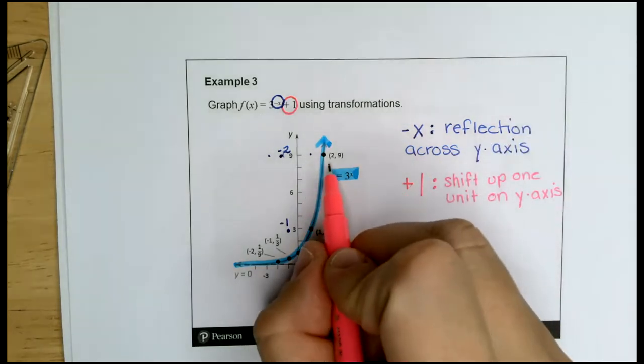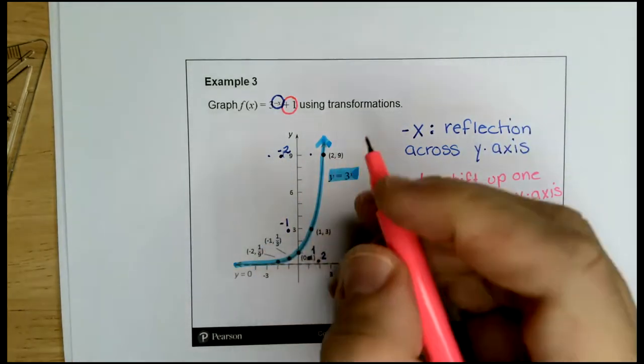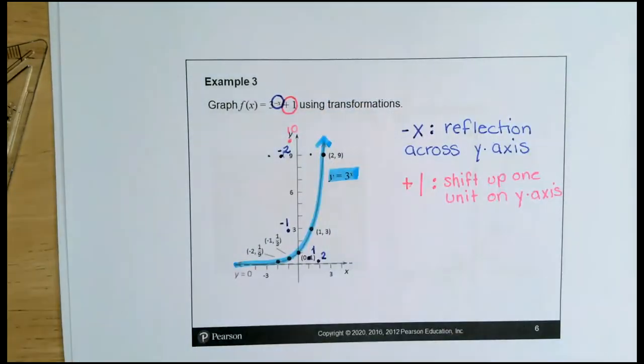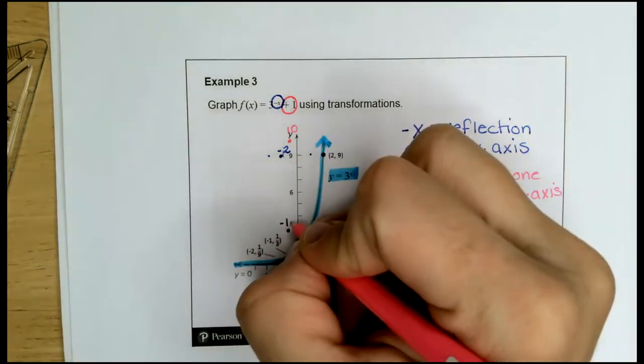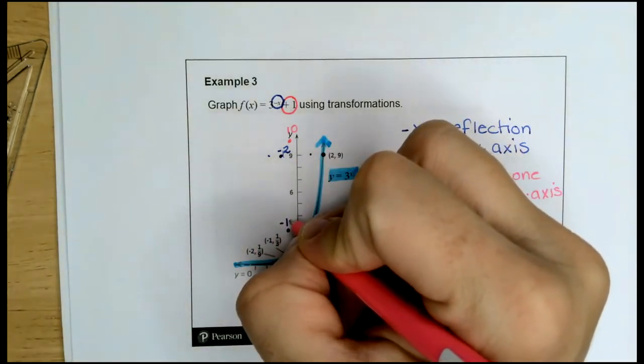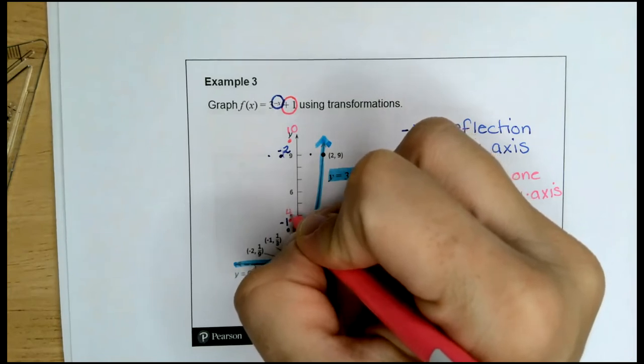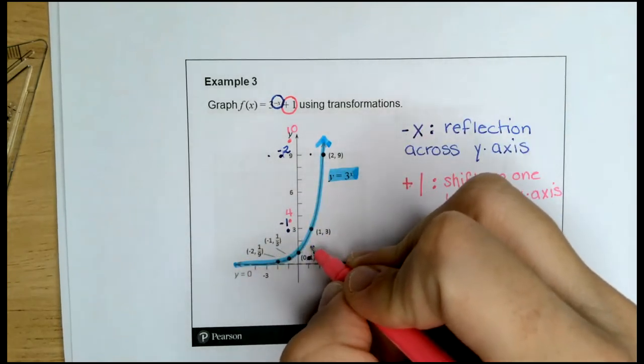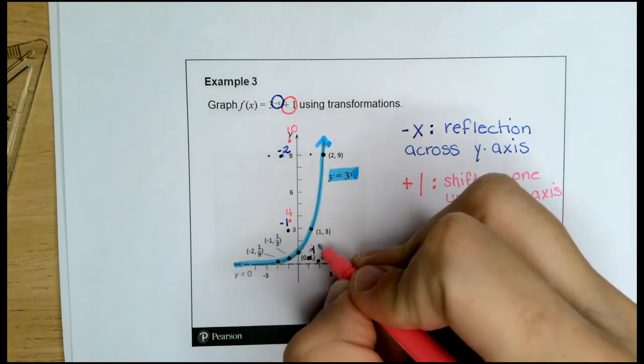So now the 2 became a -2, the 9 became a 10. The 3 became a 4. The 1/3 became a 1 1/3.